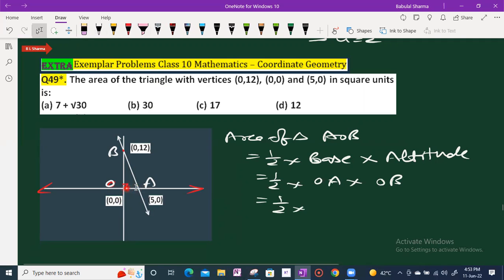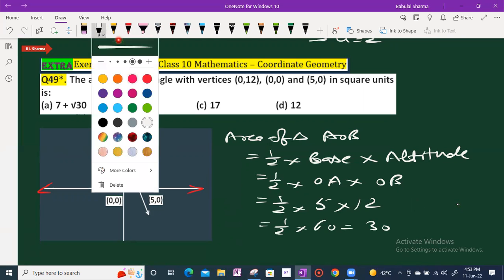O is (0, 0), A is (5, 0). So the OA distance is 5 units. And what is the height? Because the coordinates of point B are (0, 12), 12 is the height. So OB is 12. We can write 1 by 2 into 60, that is 30 square units. So the area of this triangle will be 30 square units.